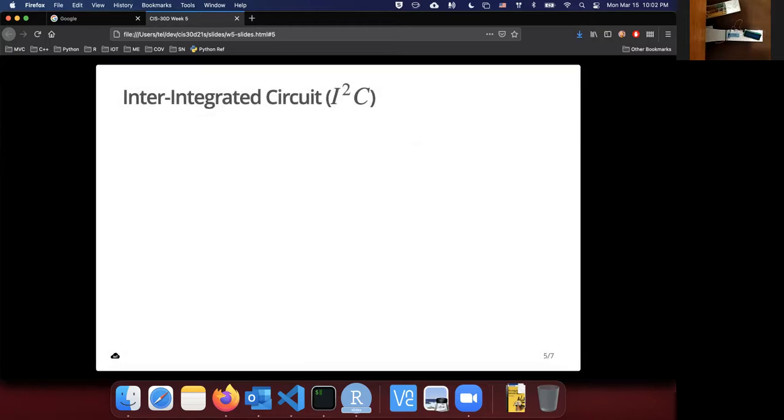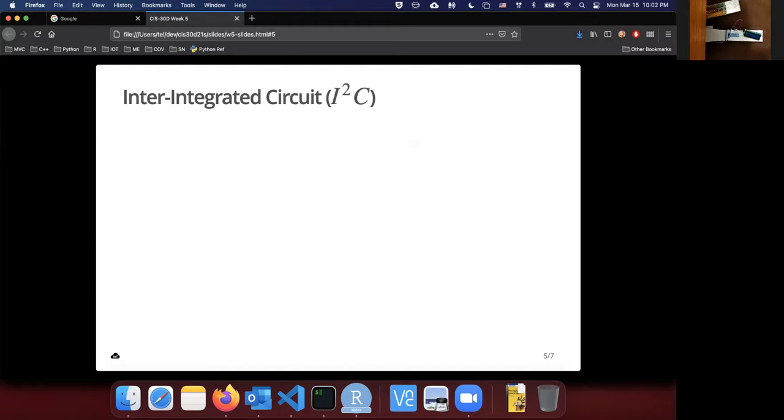And the most popular protocol, because many devices, when they need data communication, you're most likely going to see they support this protocol called inter-integrated circuit, or I²C. Often it's shortened as I²C.